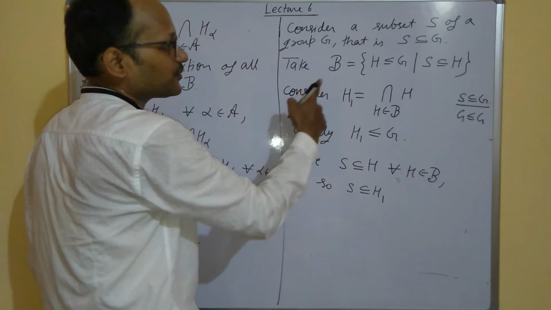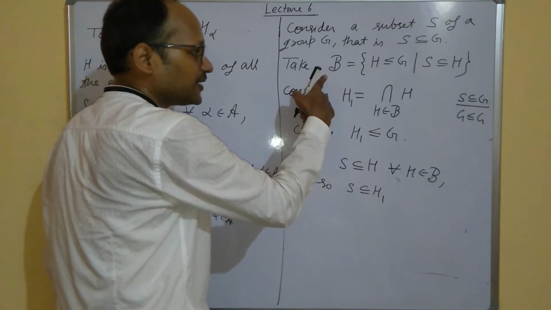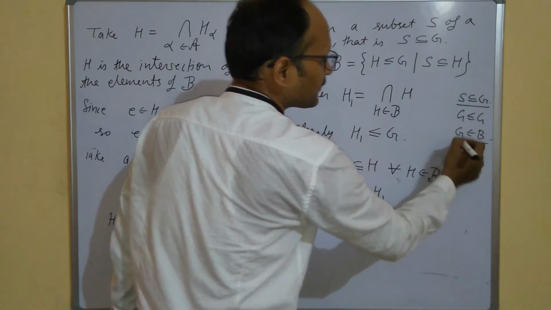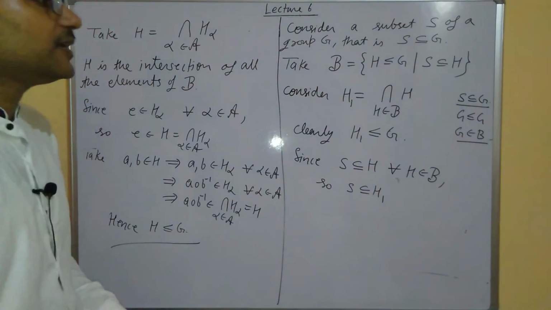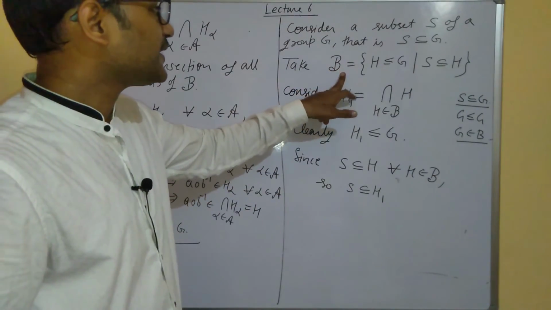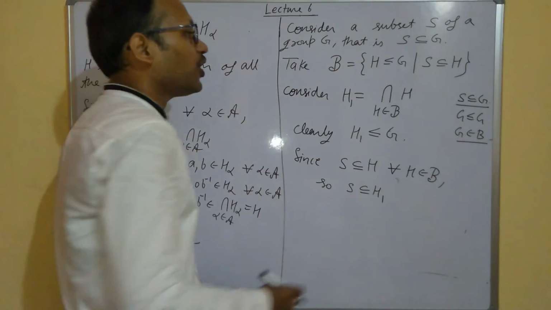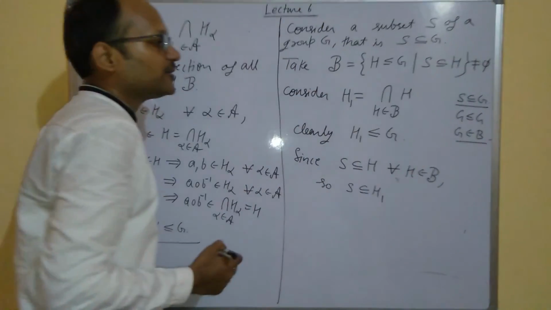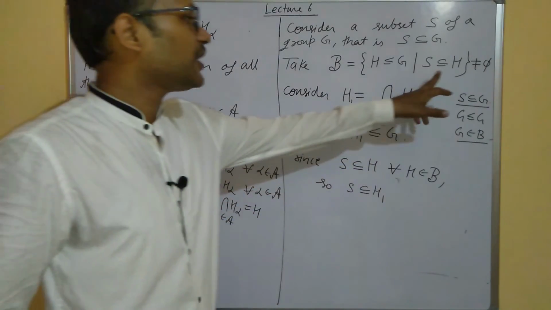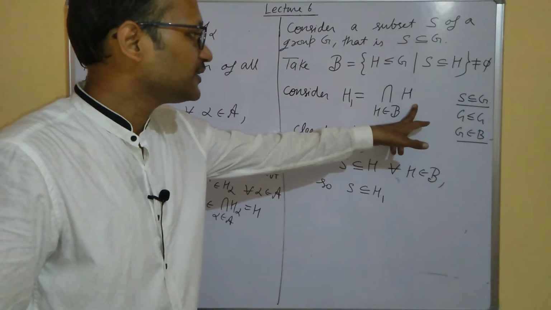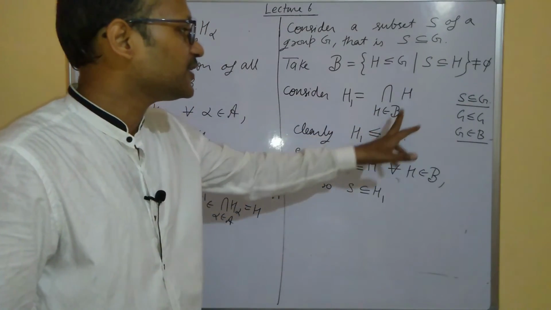So at least one subgroup is there in this B, so G belongs to B, that is the improper subgroup. So this set B is actually a non-empty set, because G will always belong to this set. So whenever you take intersection, at least one element will be here.